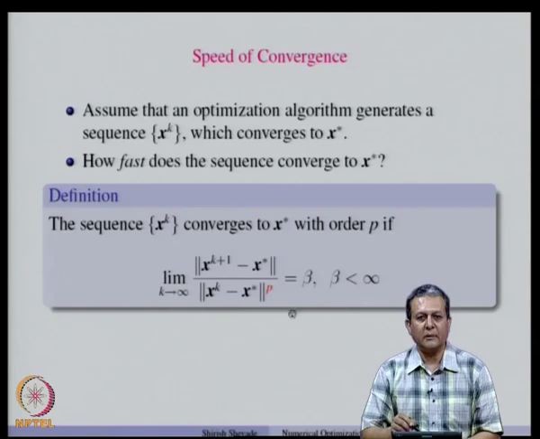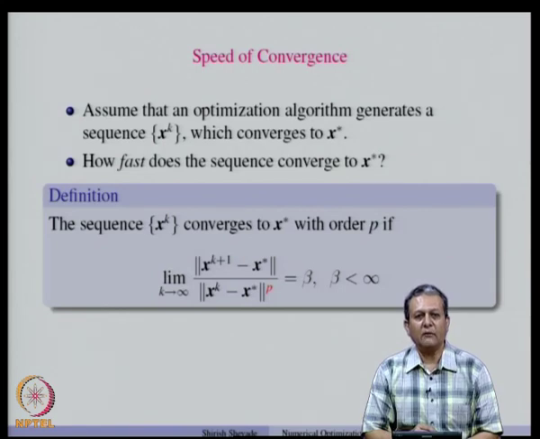So, typically this beta is finite because all the quantities on the left side are positive quantities, and beta is finite. So, this p is called the order of convergence and beta is called the convergence rate.